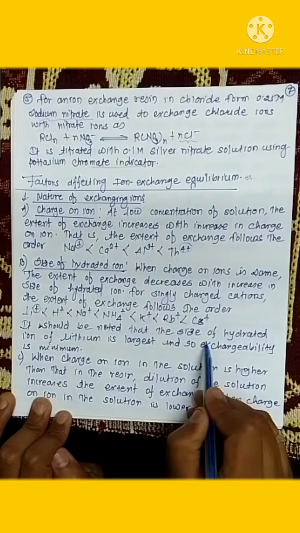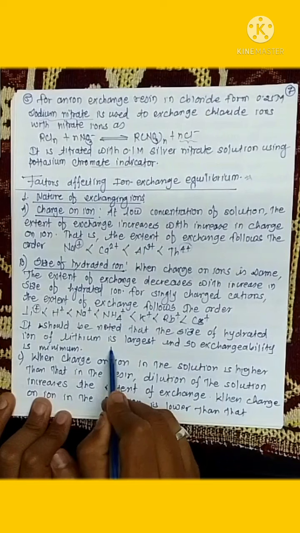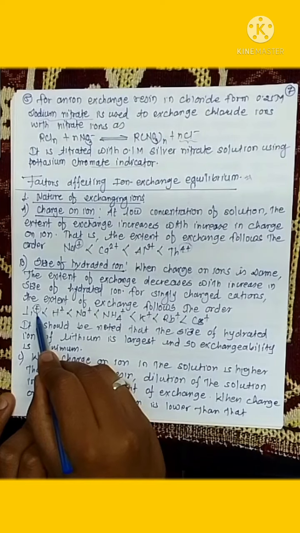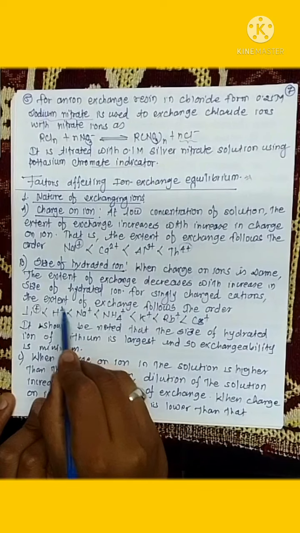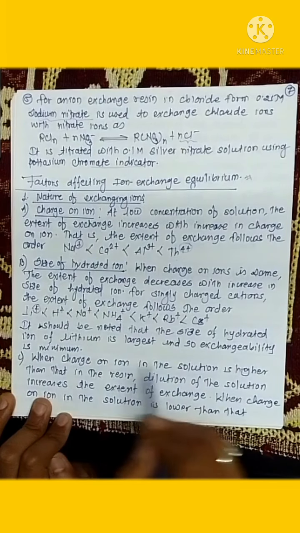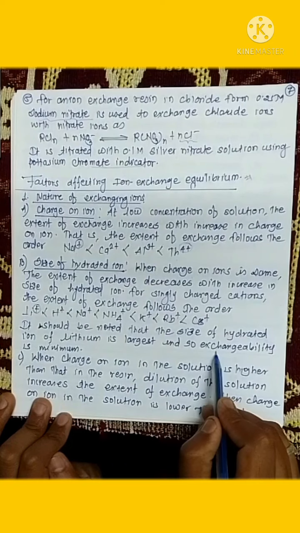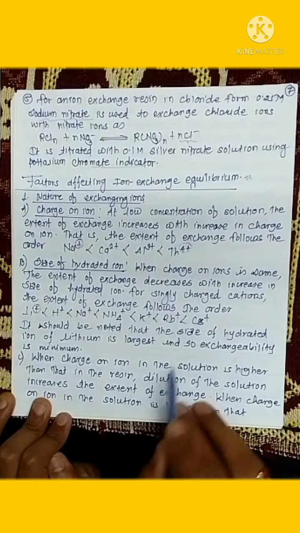It should be noted that the size of the hydrated lithium ion is the largest. That's why it has the least extent of exchange. It is largest, and so exchangeability is a minimum.